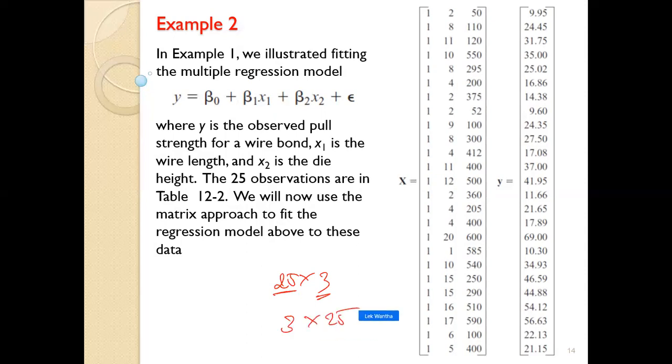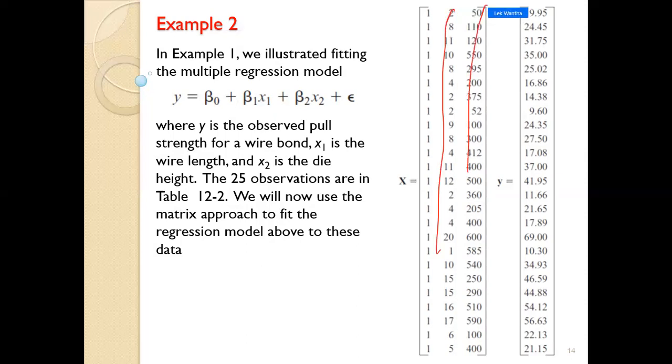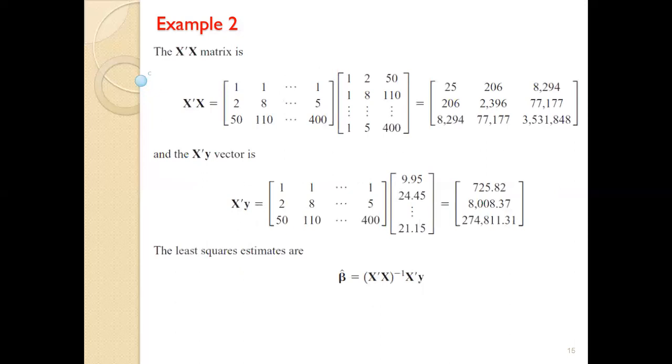This is the matrix transpose. In this case, the 1s are equal to the first row, this is the second row, this is the third row. And then you get matrix x transpose, 1 until this, x1, x2. Multiply by x, which is also 1, x1, x2.